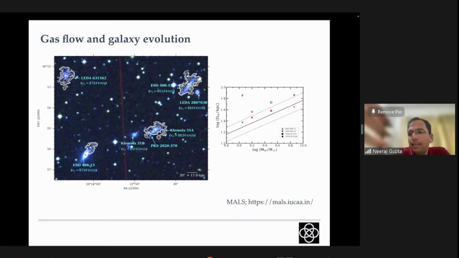Because you have this hierarchy, right? Galaxies are assembled in groups, and then groups can come together to form clusters of galaxies. So at the group level itself, a lot of transformation takes place, whether galaxies becoming gas rich to gas poor, or merging and going from a more disc to a bulge dominated galaxy.